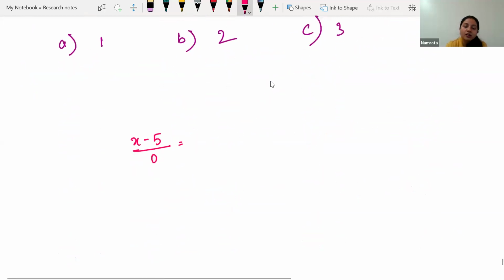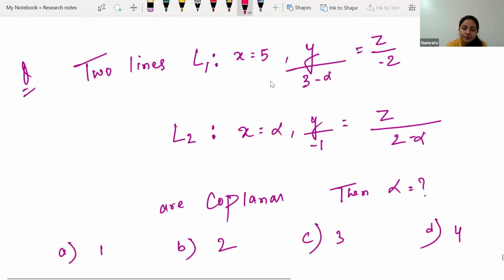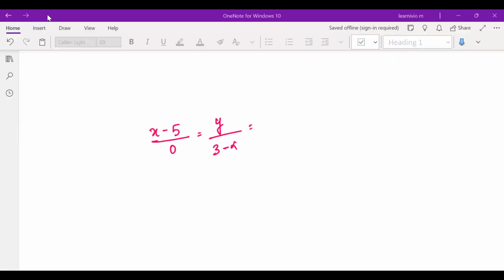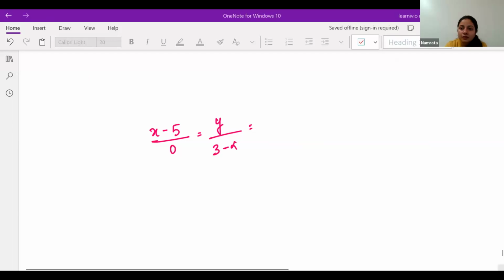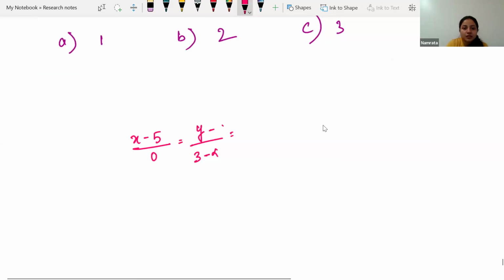But to make it more clear, for now we are writing it like this. y, 3 minus alpha is equal to z. Okay, y nothing is there, so 0 we can say, z minus 0 over negative 2.